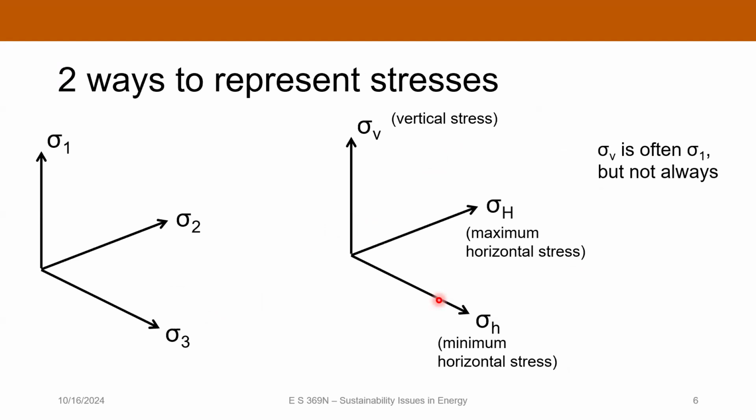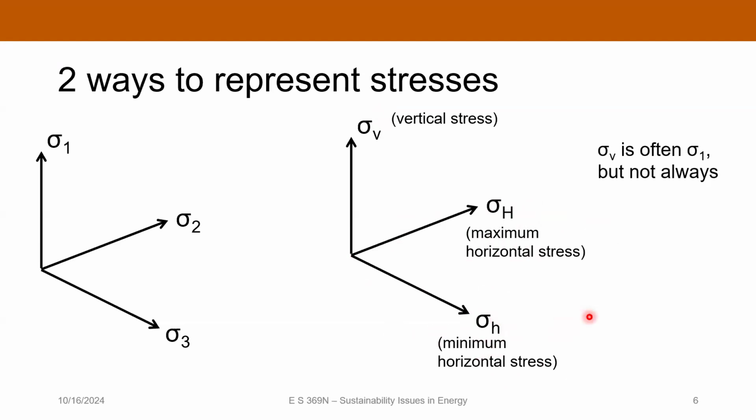Because of that, in the subsurface, we often use a shorthand where we call the stress that's in the vertical direction sigma V for vertical stress. And then the two stresses that are in the horizontal plane, we denote one of them with a capital H, that's the larger of the two, and the other one with a lowercase h, which would be the smaller of the two.